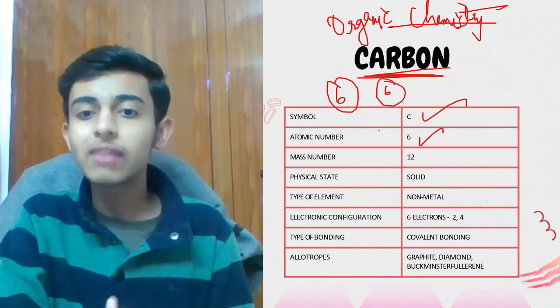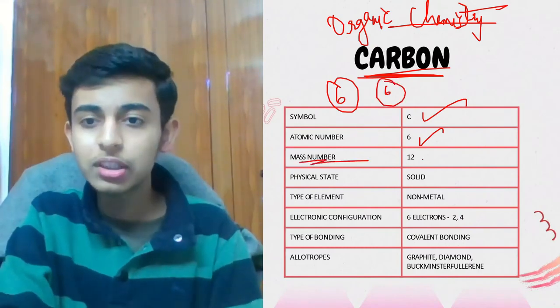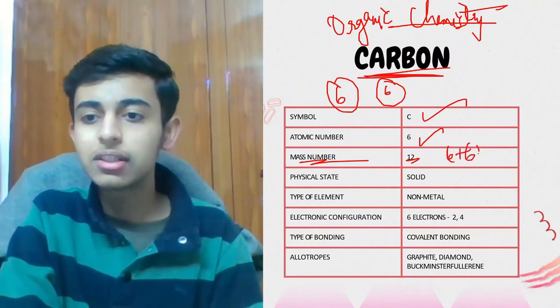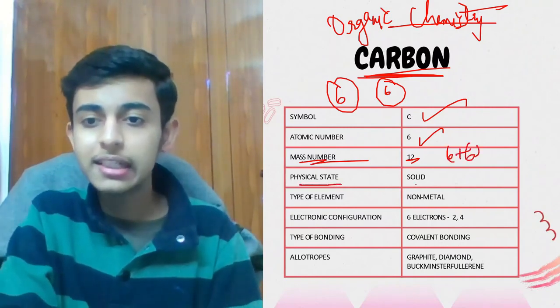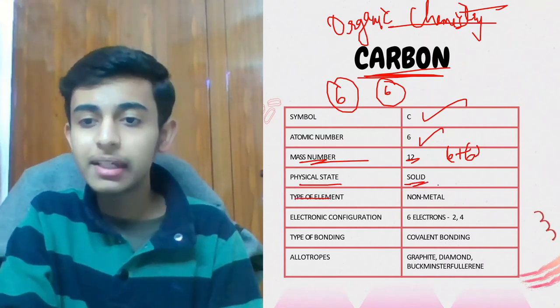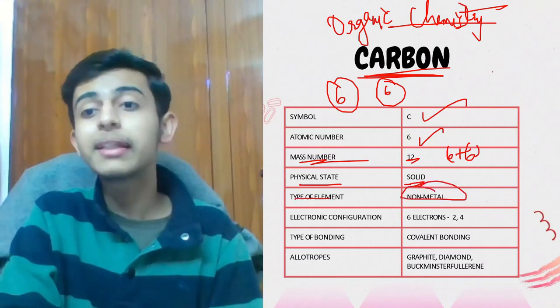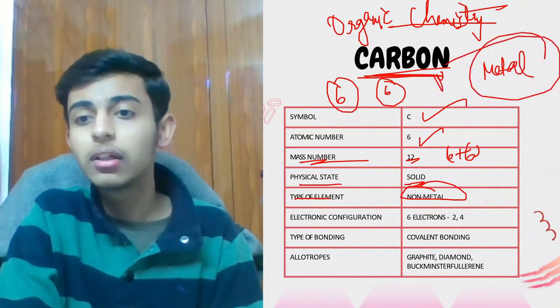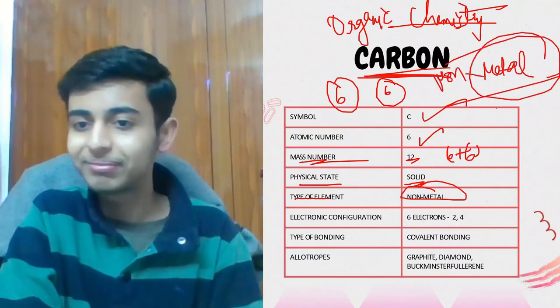Mass number is 12, which means 6 protons plus 6 neutrons. The physical state is solid. The type of element is non-metal. Remember that, some people get confused whether it's a metal or non-metal. Carbon is a non-metal.